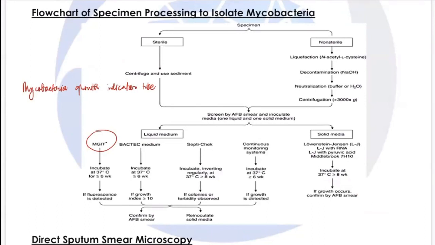Kasi usually daw, dito sa MGIT, when the organism grows, that means that organism is a drug-resistant organism. So meron tayong fluorescent indicator that once it fluoresces, ibig sabihin nag-grow yung organism. So that's MGIT.